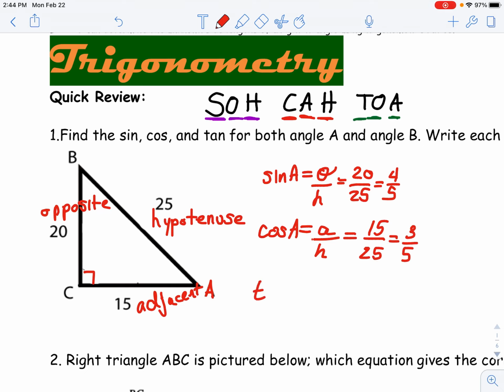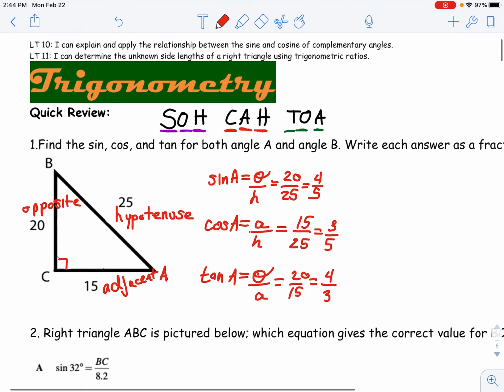And then the tangent of angle A is the opposite side over adjacent, TOA, so 20 over 15, and then reduce that to 4/3. All right, those are the fundamental trig ratios.